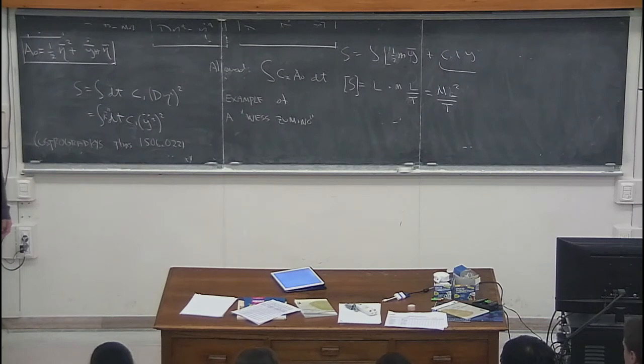Because there's no gap. It's a gapless object. E is p squared over 2m, right? So I promised you that the symmetry breaking pattern would give us the degrees of freedom, which it did, and it would give us the action, which it did. So I've kept my promise. But now we need to push a little bit further because that's just a little too trivial.